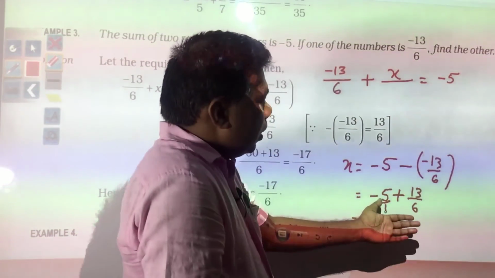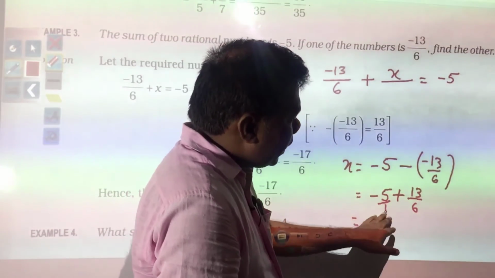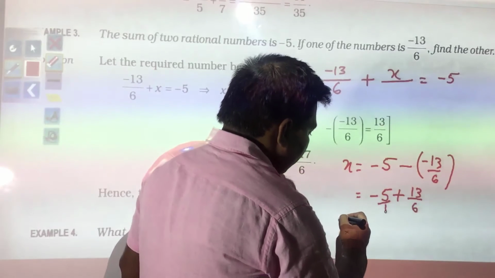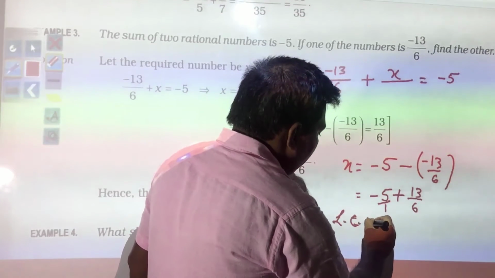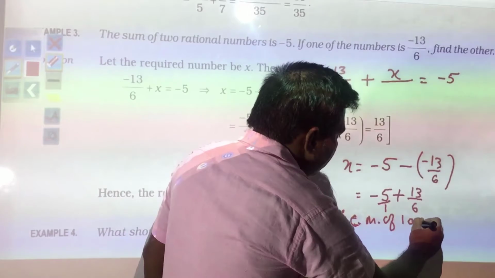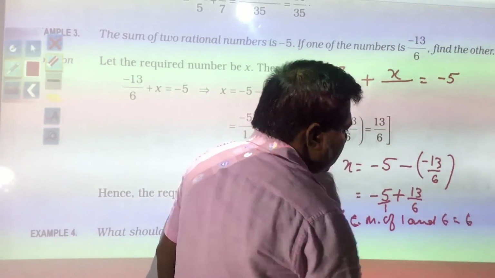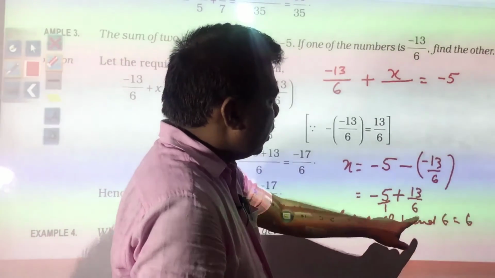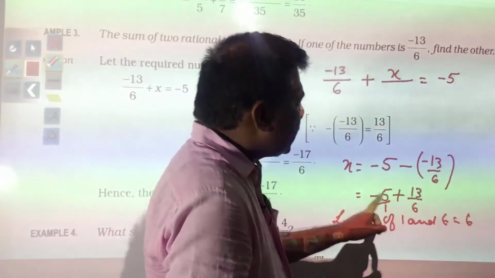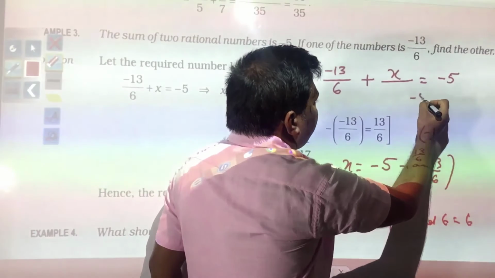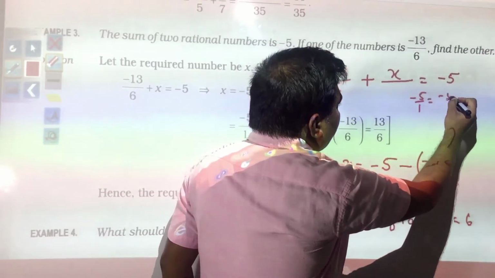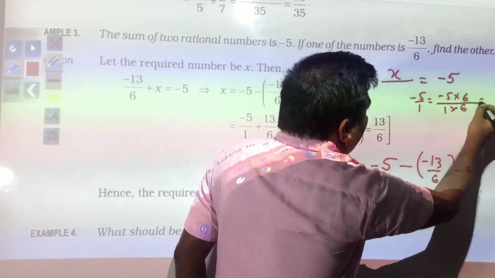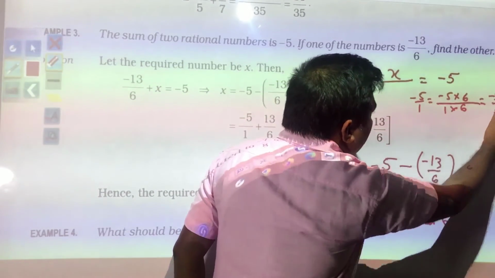So what will we do? We will make the denominators equal, and for that we need to find the LCM. LCM of 1 and 6 will be 6. Now convert minus 5 by 1 to denominator 6: minus 5 by 1 is equal to minus 5 into 6 by 1 into 6, so you will get minus 30 by 6.